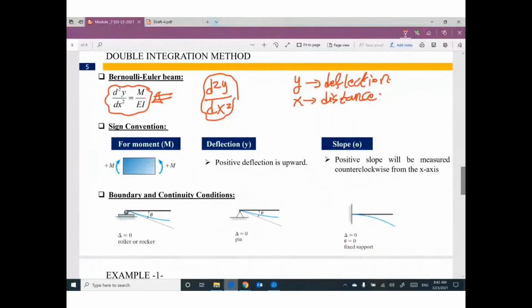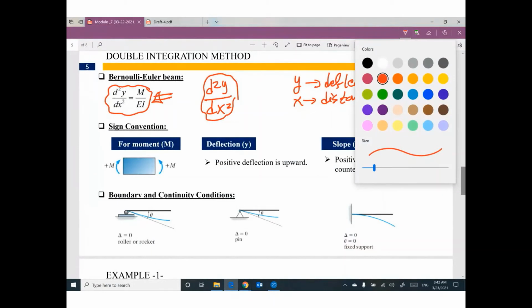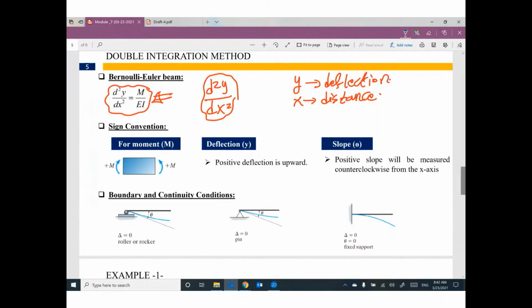Guys, in math, I can read this expression like this. Second derivative of y related to x. d2y by dx squared. d2 means we have two derivatives.